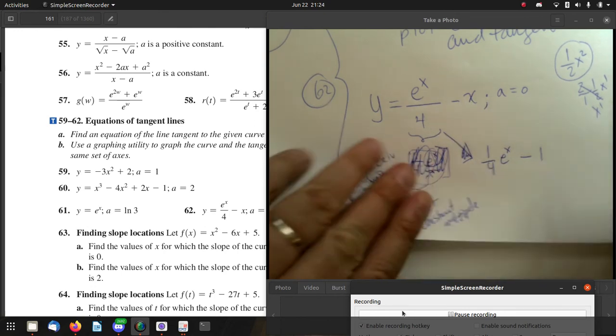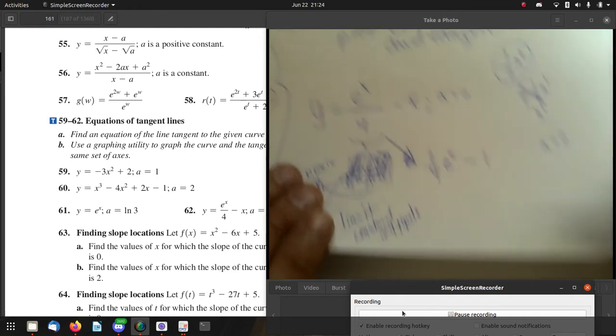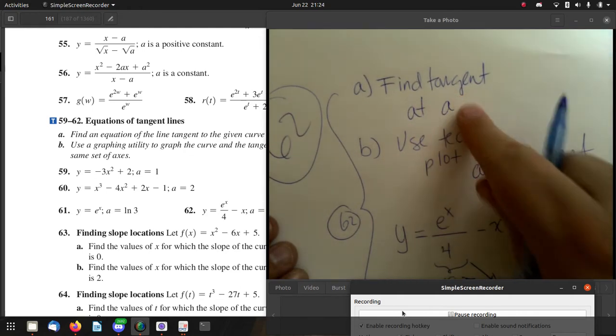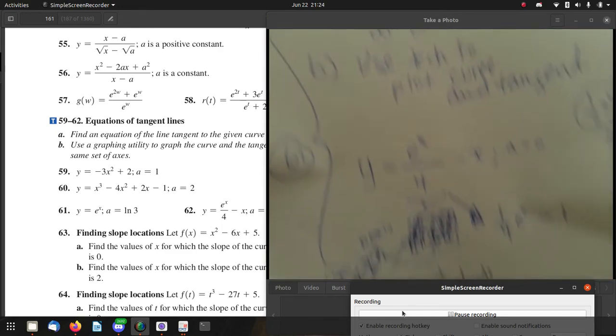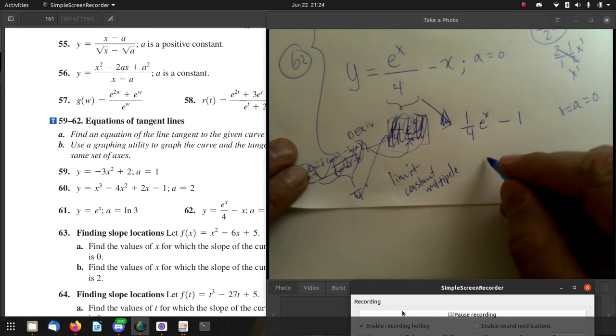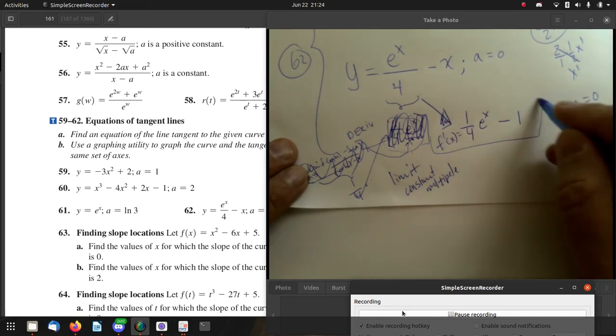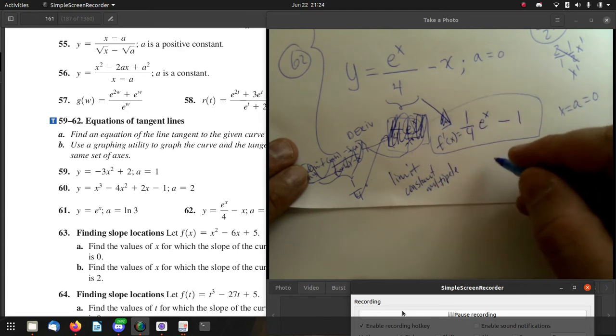Now, they want us to evaluate this at a equals 0, and we have two things to do. Find the tangent at a, and use tech to plot both curves. So let's evaluate at x equals a equals 0. This is f prime of x, the derivative you found. Now we're going to find the tangent line using this.